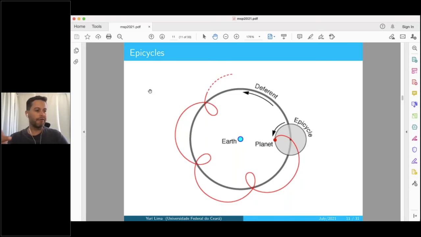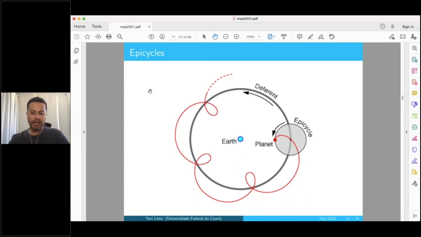For instance, if you expected Mars to be in some position in the sky at some part of the year, then when you looked at it, you did not see it there. So this meant that the model of Ptolemy, although it was accurate for his time, was not very accurate as time went by. So the natural question is, what can we do? We either try to improve his model or we change some of the paradigms that he had.